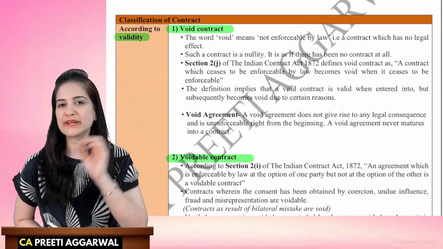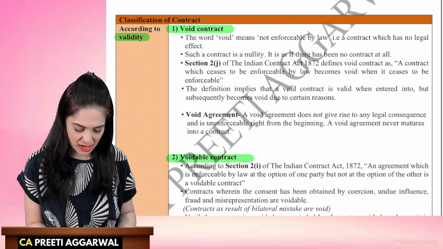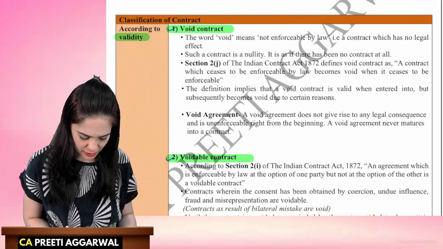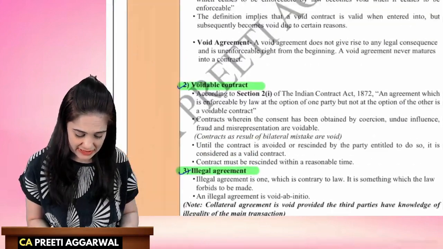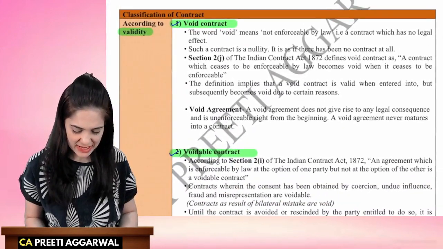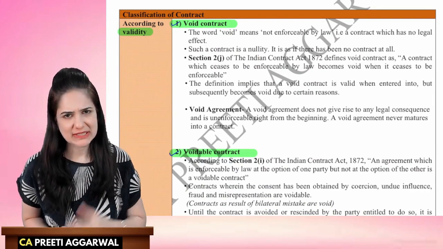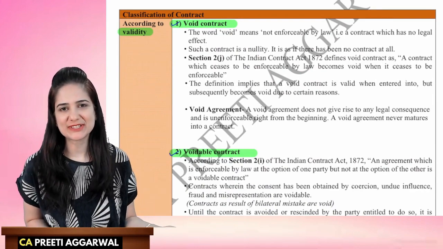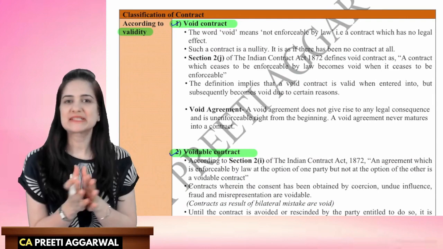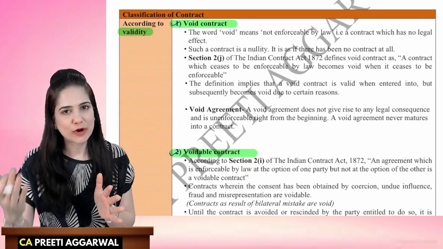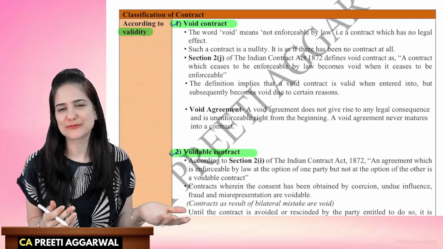Now, according to validity, contracts may be either void contract, voidable contract, or illegal agreement. Let us discuss them one by one. What is the meaning of a void contract? This is something which we studied in the earlier lecture. We discussed that void may be either void ab initio or just void.